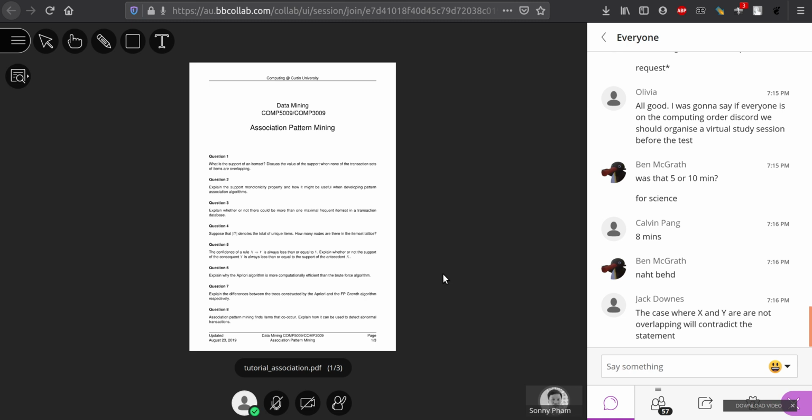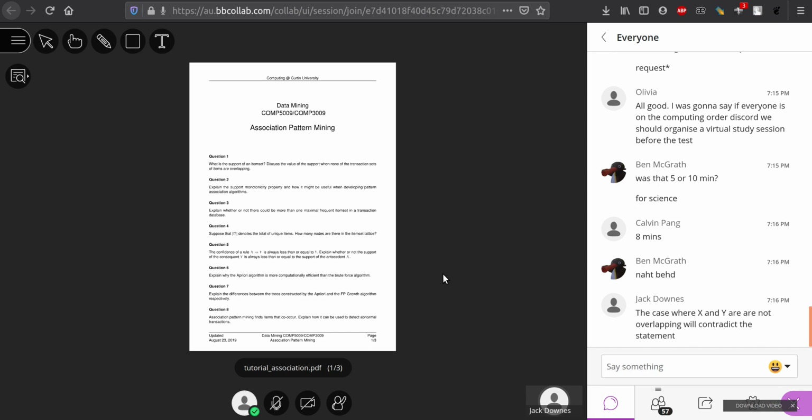Thank you, Jack. So what you are saying here is the statement is not true, if x and y are not overlapping. Can you be more specific? Just going off what you got on the previous slide, for a rule between x and y, they don't have to be overlapping.